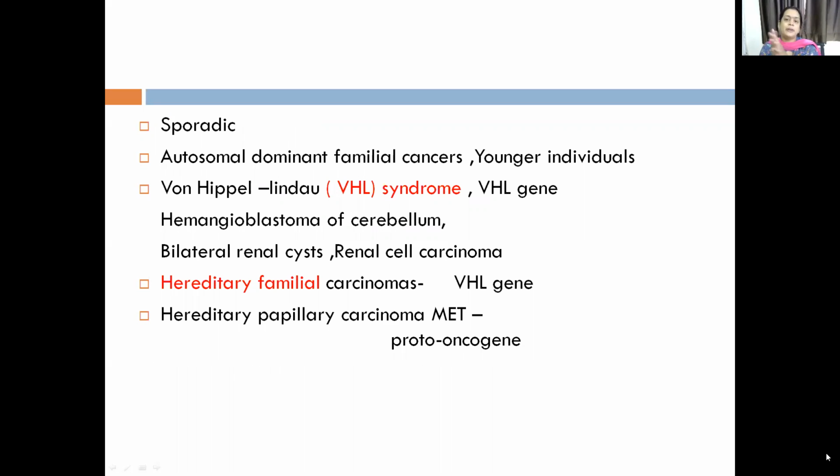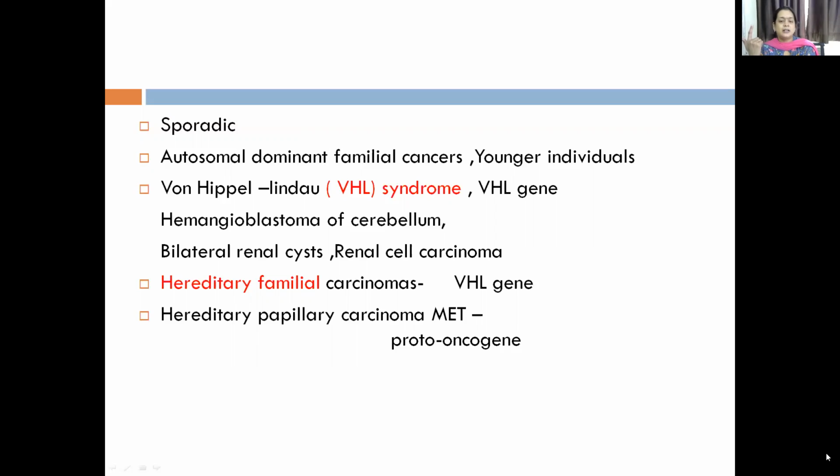So coming to the familial disorders. Familial disorders can occur with renal cell carcinoma occurring in younger individuals associated with some genes called VHL genes, wherein there is von Hippel-Lindau syndrome associated with bilateral renal cell carcinoma and hemangioblastoma of the cerebellum. Okay, VHL is one.